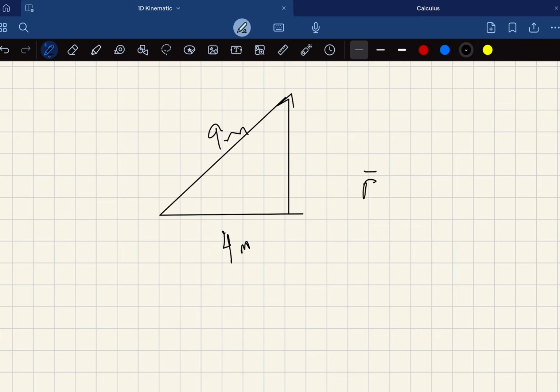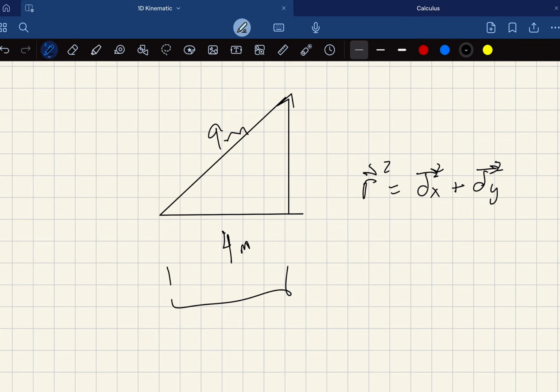We have R, our resultant vector, which is the sum of the vectors, is equal to the square root of dx, our x displacement, squared, plus dy squared, since it's a triangle. So we are currently looking for dy, which is a vector.